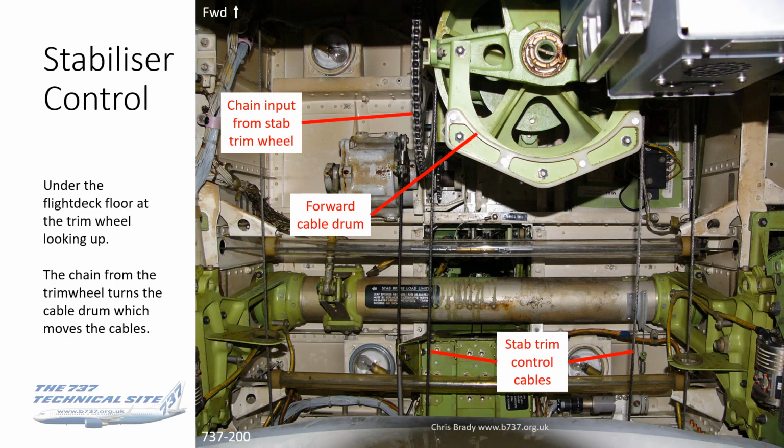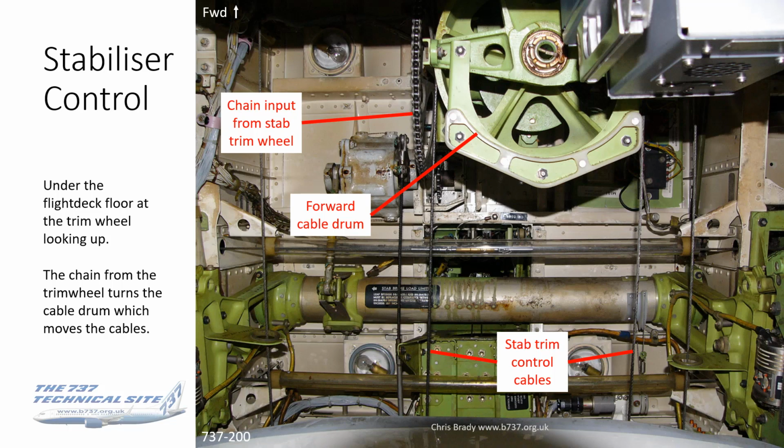But the actual location of the hatch is just in a slightly different place on the original, so I was able to get a good, clear, unobstructed view of this, which you can't get in the classics and onwards. So what the view is right up underneath the flight deck floor, at a location just slightly forward of the trim wheel.